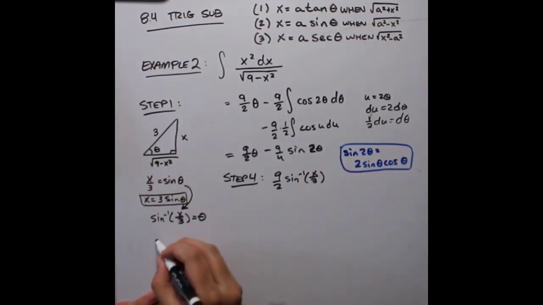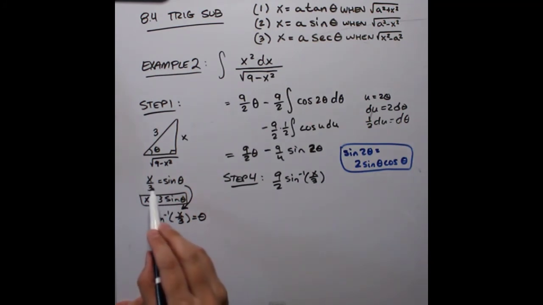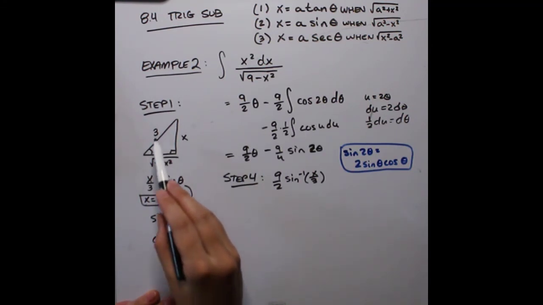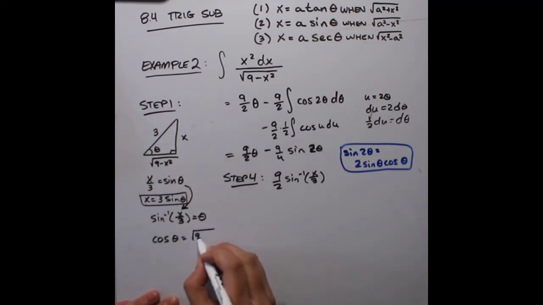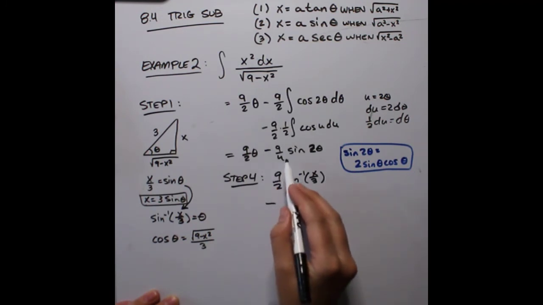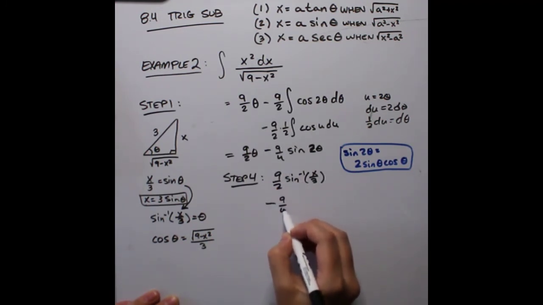We know what sine is. Sine of theta is x over 3. So let's just do cosine. Cosine theta from this triangle is adjacent over hypotenuse, so square root of 9 minus x squared over 3. And so in our answer we have minus 9/4.